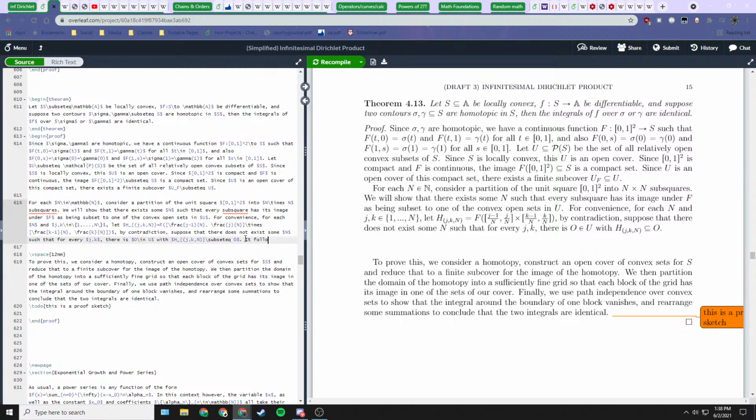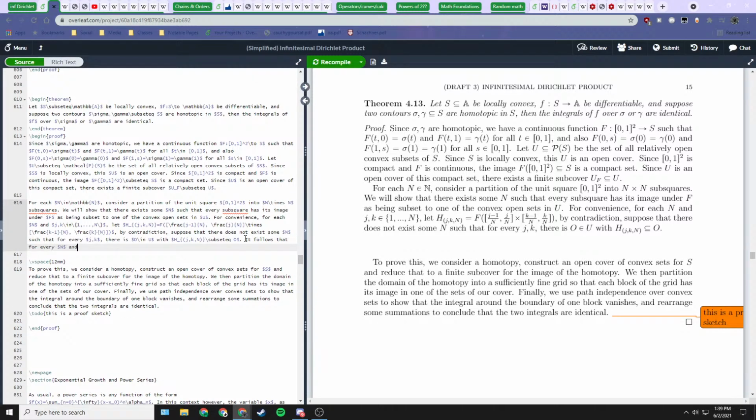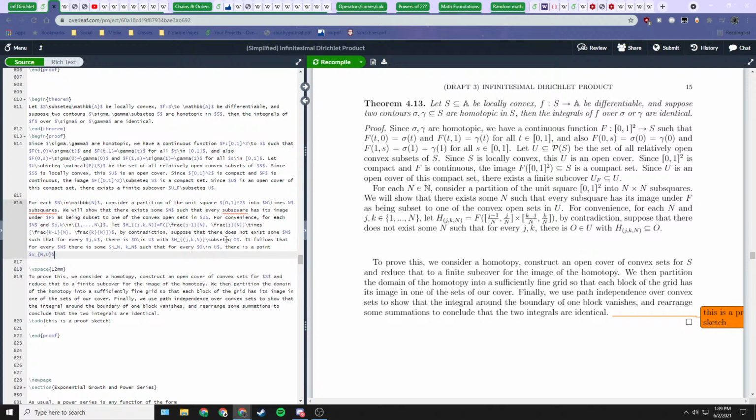So it follows that for every n, there is some j sub n and k sub n such that for every open convex set O in U, there is a point x sub n.